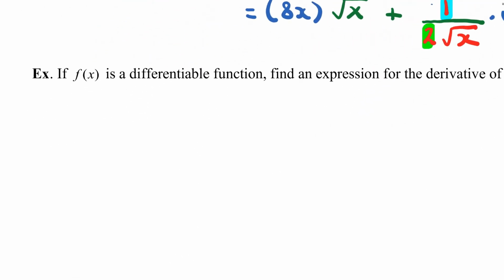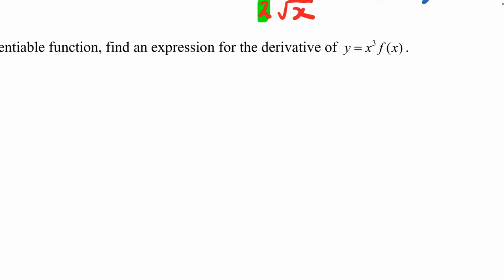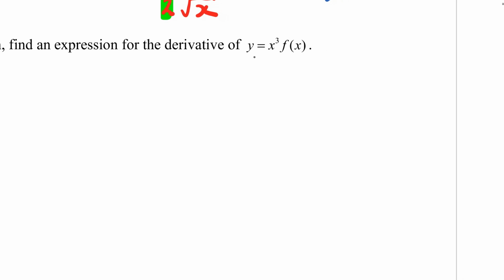Okay, for the next example, we have a differentiable function, and I want to find an expression for the derivative of this. So once again, I have a function x cubed, and I'm multiplying that with f of x. So this is nice because this is a product of two functions. It's a product because we're multiplying two functions, sorry. So let's take the derivative of the first term.